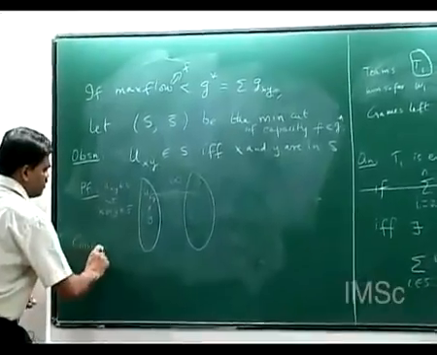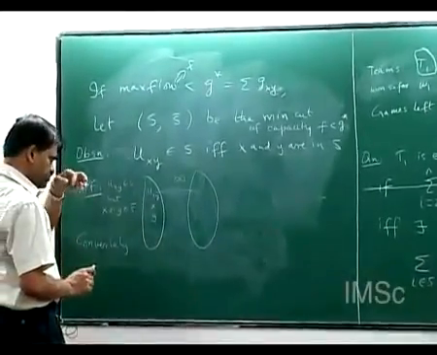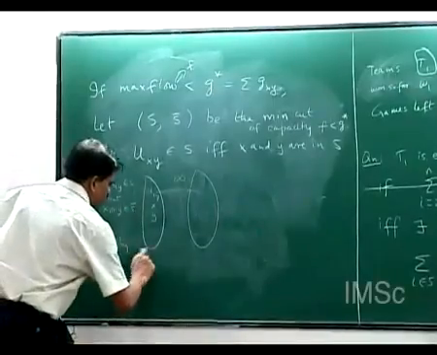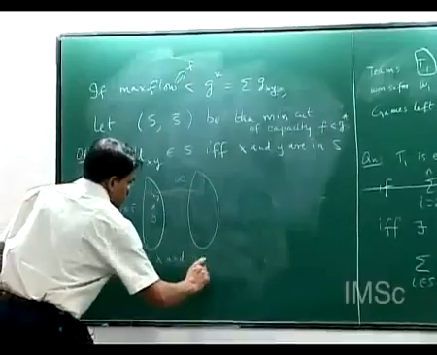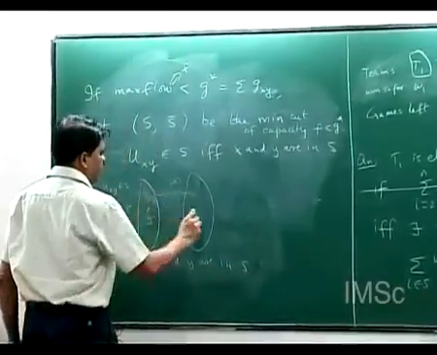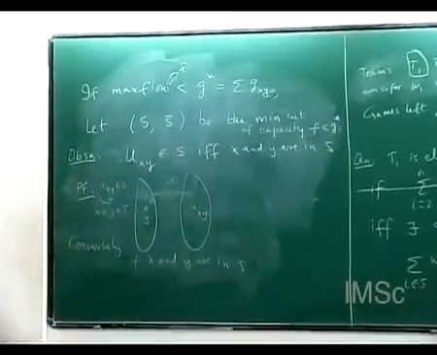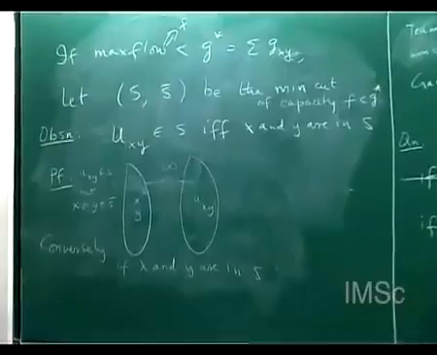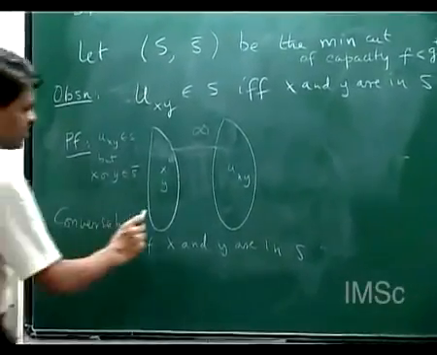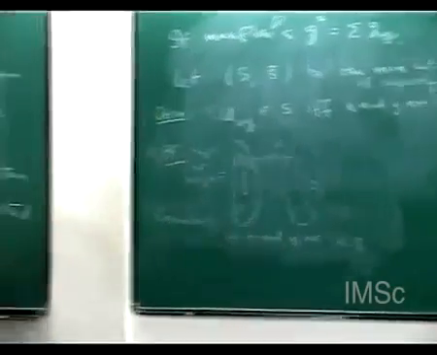Conversely, suppose x and y are here, and if u x y is here, let us see what are the contribution of these vertices to the cut. Remember S is here and T is here, because that is the definition of S-T cut.